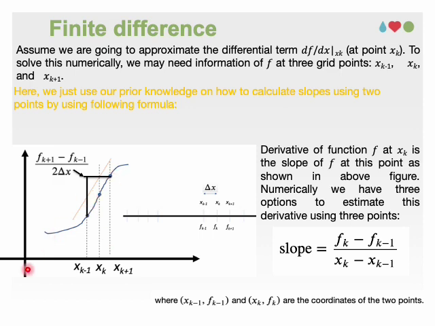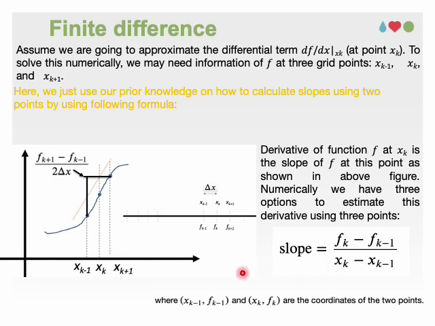We assume that the distance between two adjacent points is the same and equal to delta x. The distance between xk minus 1 and xk is delta x, and the distance between xk plus 1 and xk is also delta x. And the distance between xk minus 1 and xk plus 1 is 2 delta x.